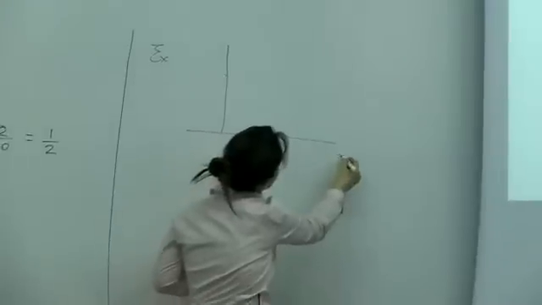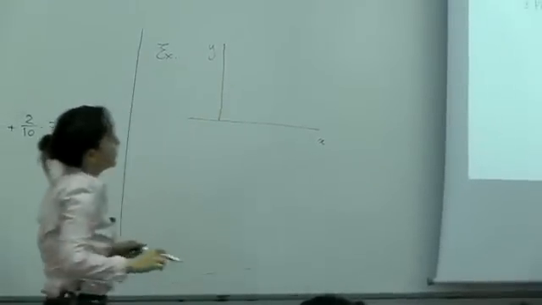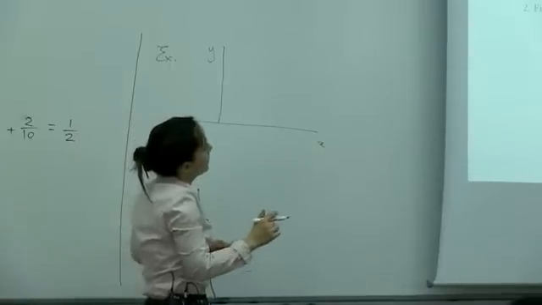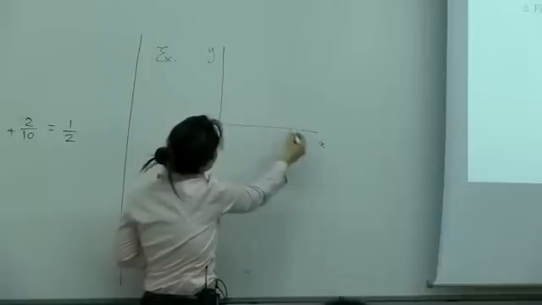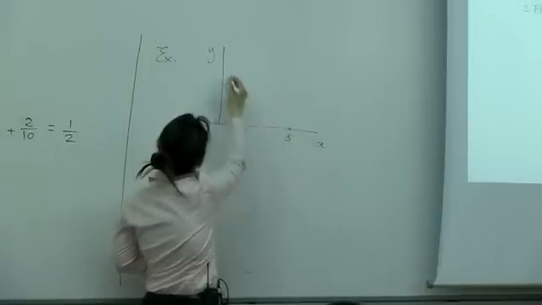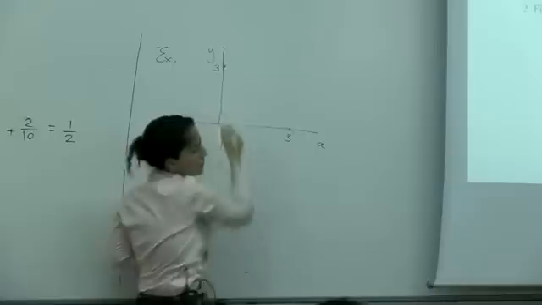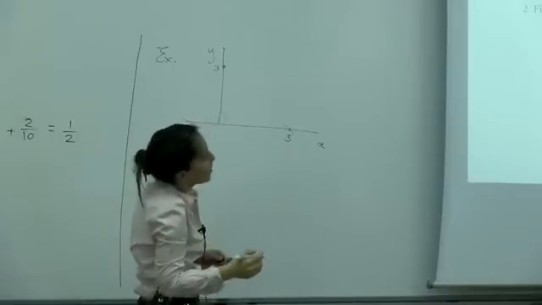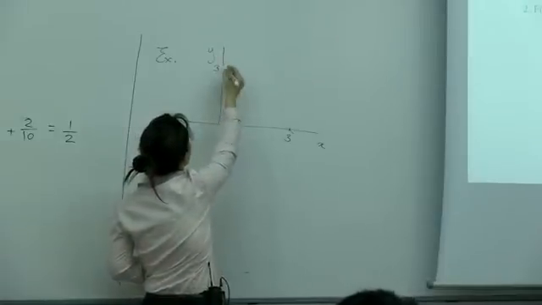So if x and y are the horizontal and vertical axes, then the values that are in consideration, first of all, let this be 3, and let this be 3. Okay, is (3, 0) included? Positive integers, very nice. So (3, 0) is not included.